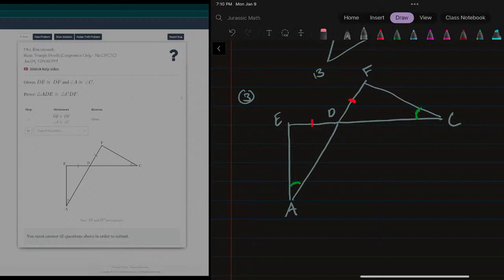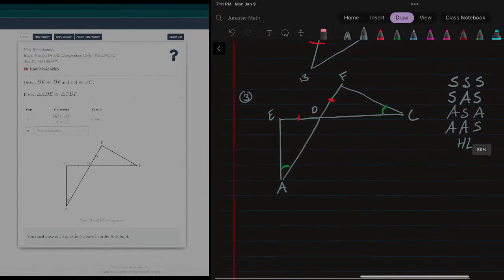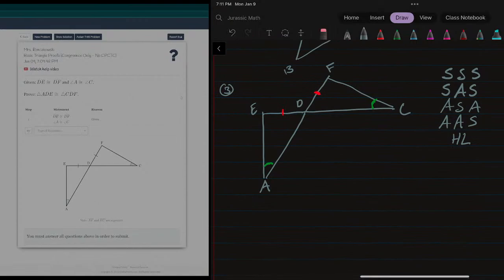Now, if you recall, we were talking earlier today about the 5 different options: side, side, side; side, angle, side; angle, side, angle; angle, angle, side; and HL. And once again, HL is only used when we have a right triangle.